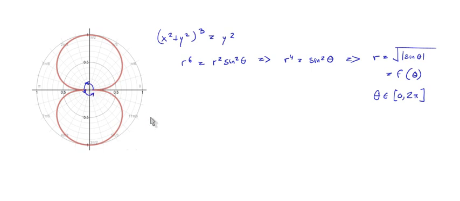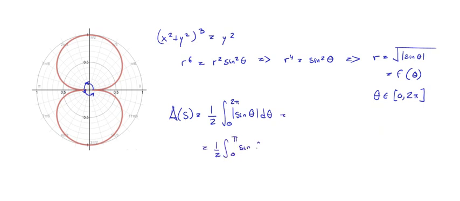Yeah. So now, how do we compute this integral? Well, the area of S is, remember, 1/2 of the integral between 0 and 2 pi of f of theta squared, which is the absolute value of the sine of theta. Now, the absolute value of the sine of theta is the sine of theta when theta is between 0 and pi.